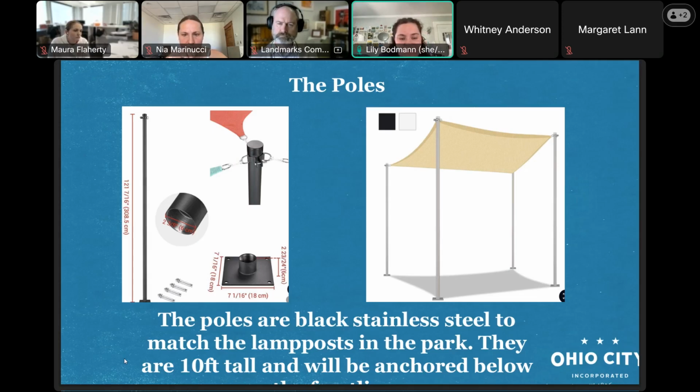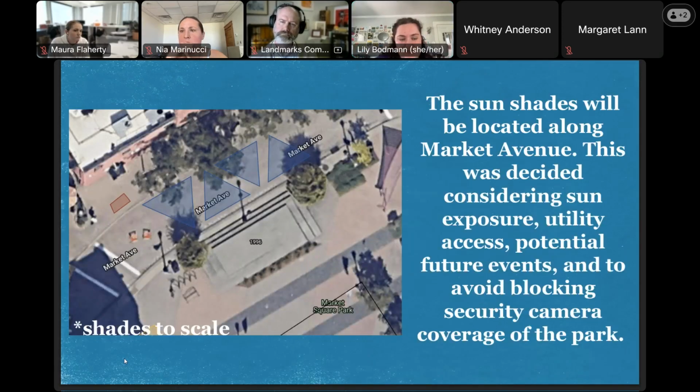Next slide, please. So this is an overhead view of Market Avenue. The shades are roughly to scale, given that I'm human and they might be a little off.